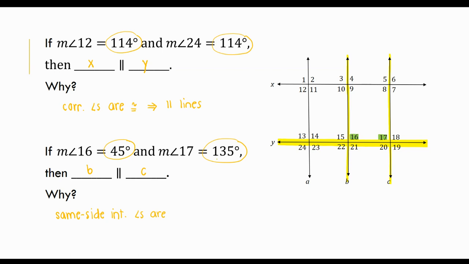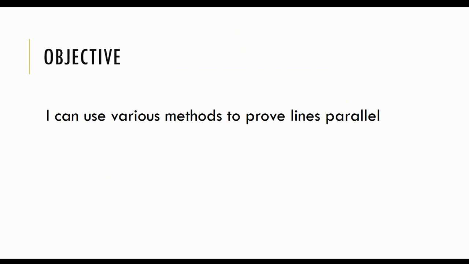Notice 45 and 135, if I was to add them, they're going to add to 180. So I know that they're supplementary. And so because that's the case, that gives me my parallel lines. Okay, so that's us using a various amount of methods to prove that lines are parallel.